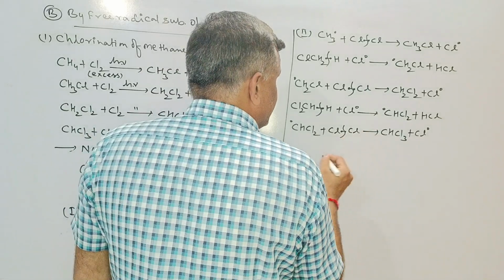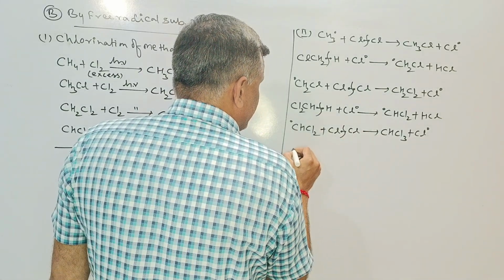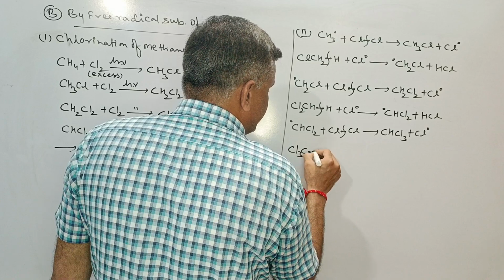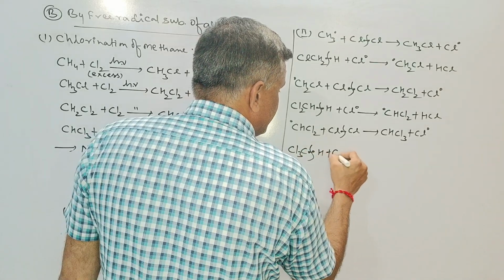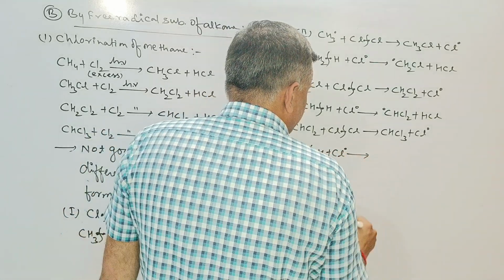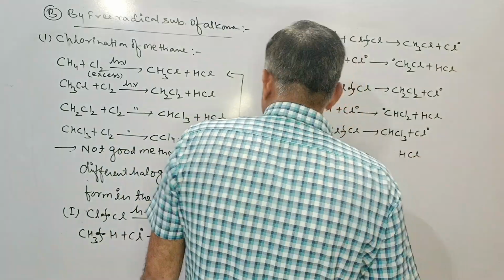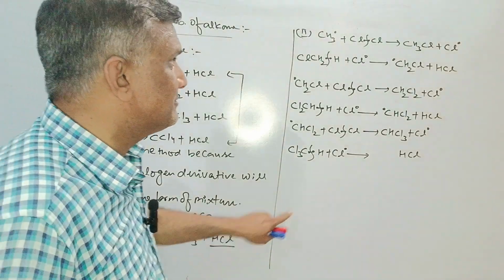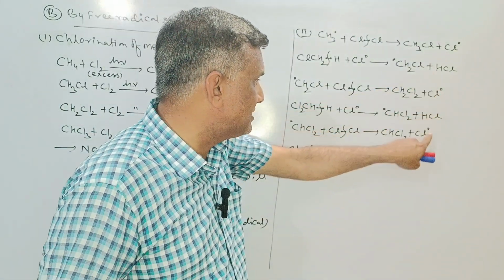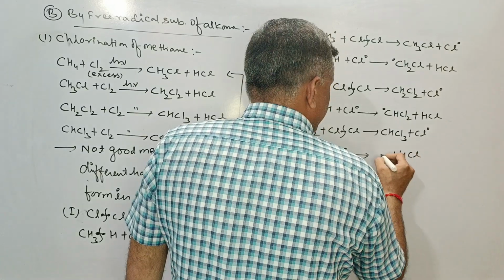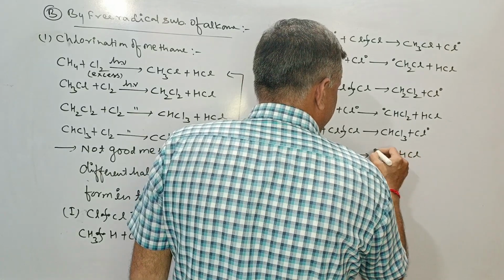Now in the further step, this can be written as CCl3 and this is the H, with homolytic bond cleavage. This is the free radical. So here there will be formation of the final HCl: this is the first HCl molecule, this is the second, this is the third, and this is the final HCl molecule. And here there will be formation of your CCl3 free radical.